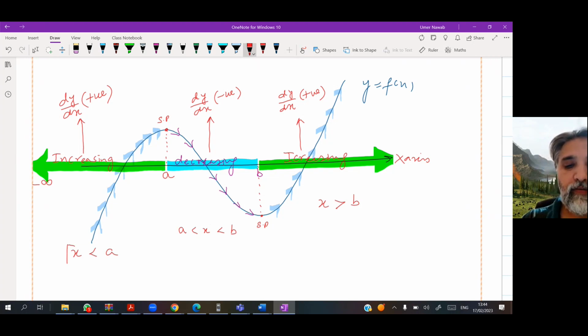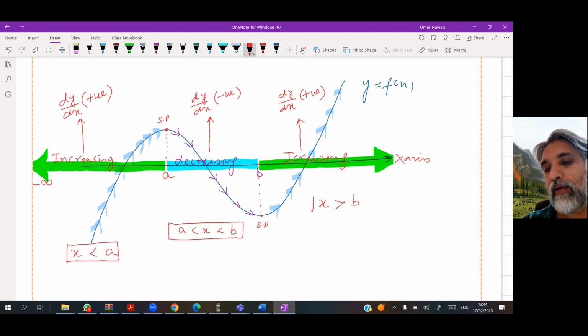The examiner will ask you to find the range of values of x for which the function is increasing or decreasing. How will you do this? You will take the derivative and put it greater than 0 if he says find the range where the function is increasing. Otherwise, if he says find the values of x for which the function is decreasing, then you put the derivative less than 0. Right, boys?